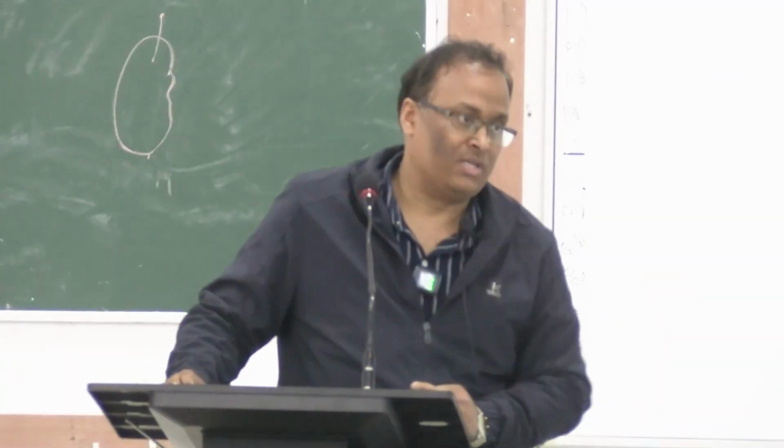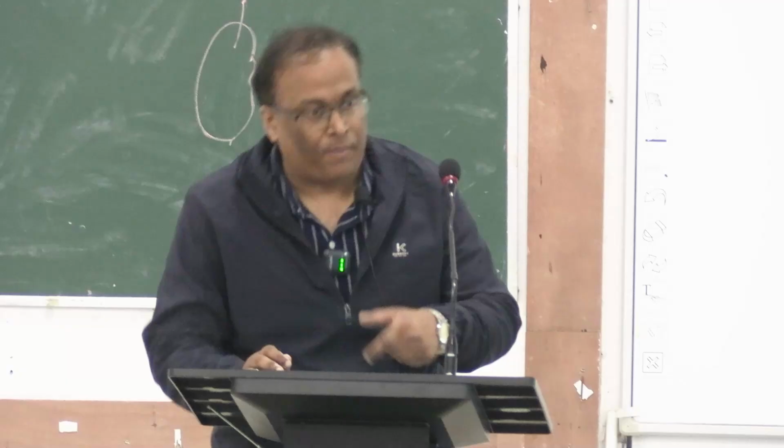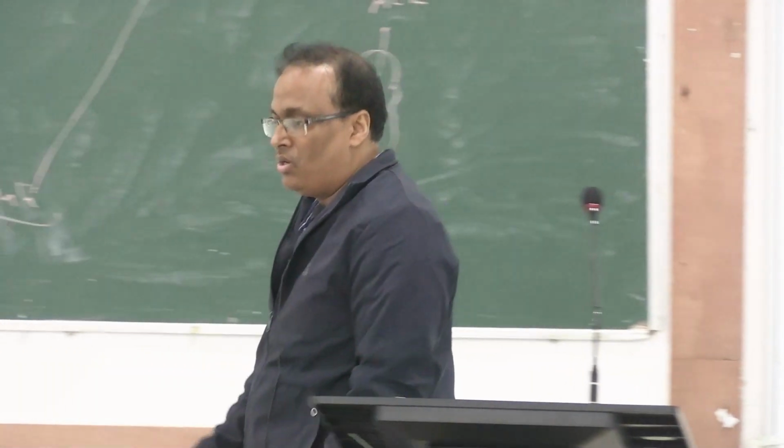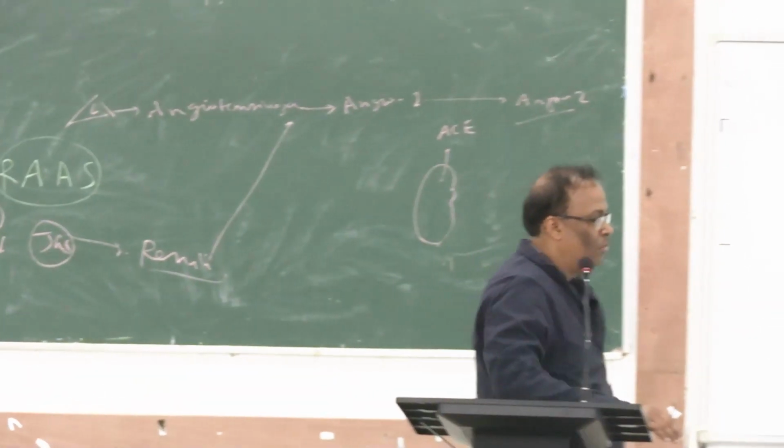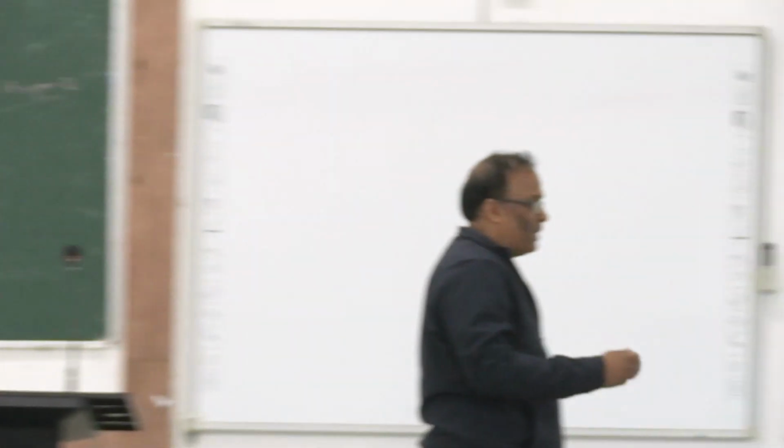Aldosterone secretion, right? These things are happening, and ultimately the effect is to increase the blood volume and blood pressure. Simple. So the RAS system is also helpful for cardiac activity, increasing the cardiac output by increasing blood pressure and blood volume.